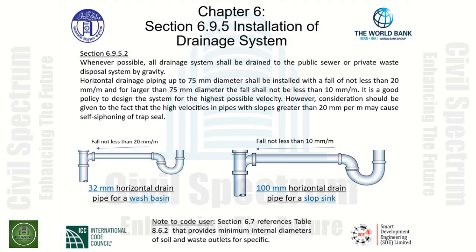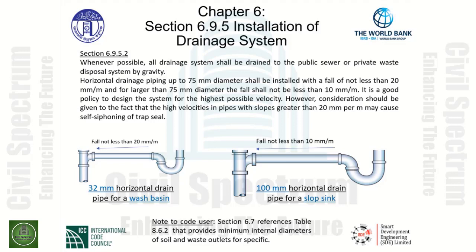However, consideration should be given to the fact that high velocities in pipes with slopes greater than 20 millimeters per meter may cause self-siphoning of the trap seal. So when we read this section, the code user must be understanding of the fall regarding certain piping.